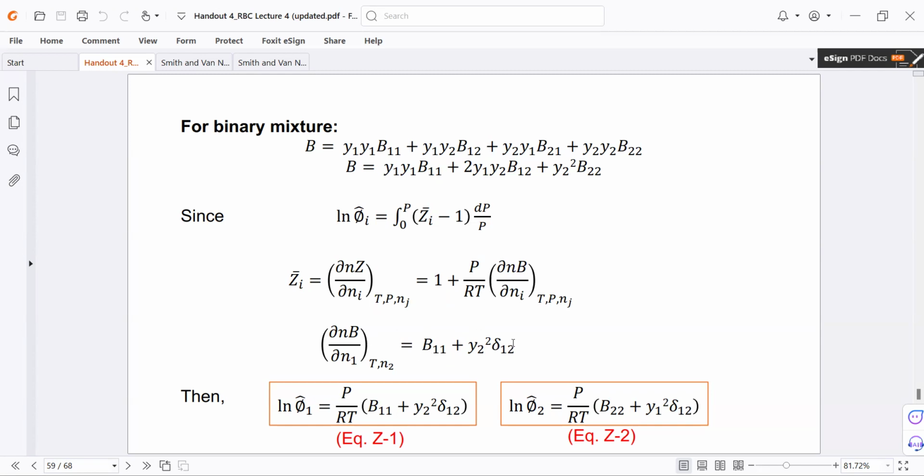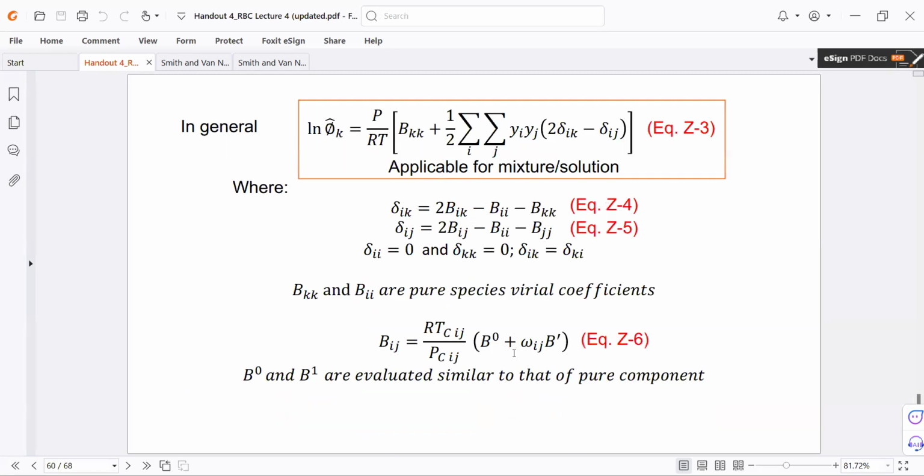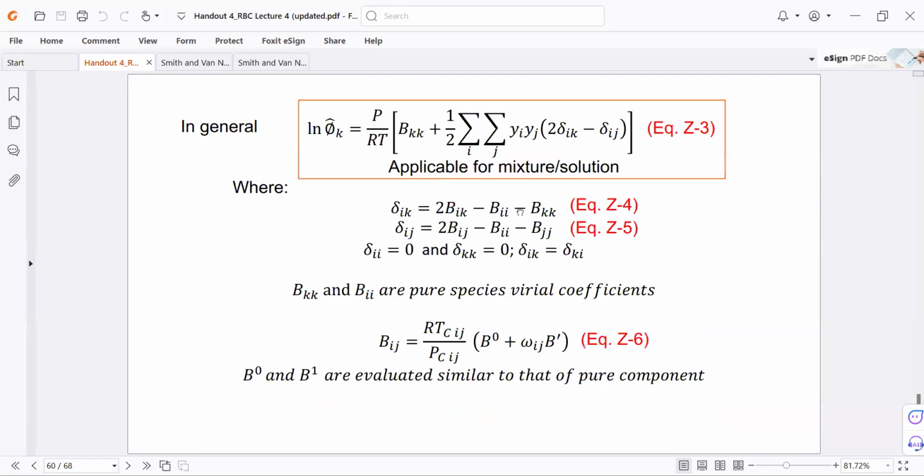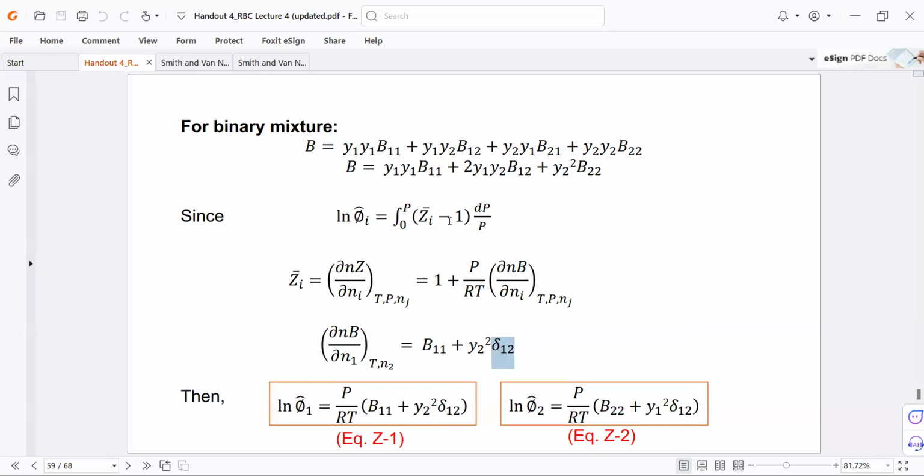By the way, sigma 1,2 was not shown, but it's this one. So we just let a variable be equal to this expression right here, and it's simply taking the partial derivative of nB with respect to n sub I, or in a binary mixture n sub 1.